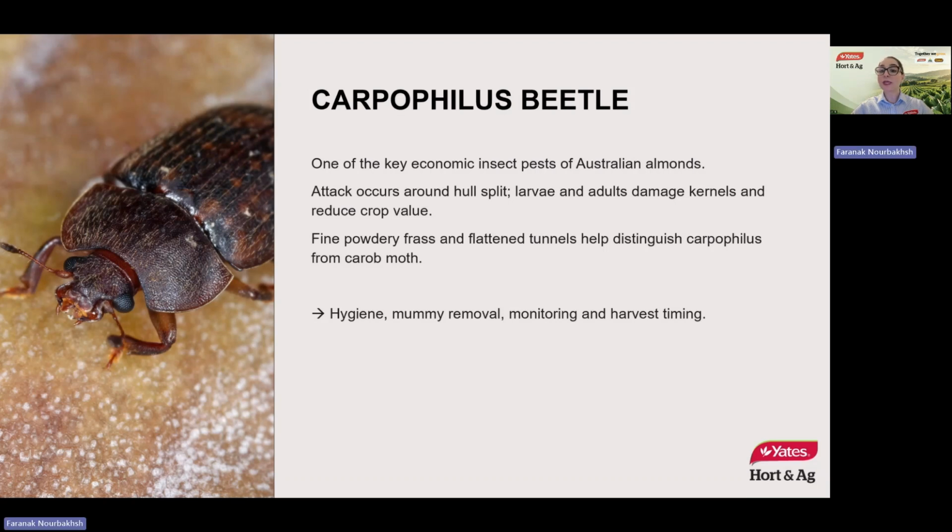To distinguish between this beetle and carob moth, one of the easiest ways is to look for fine powder frass and flattened tunnels that these beetles can create. In terms of preventing or managing this pest, hygiene and mummy removal, monitoring, and harvest timing are the best tools to consider.